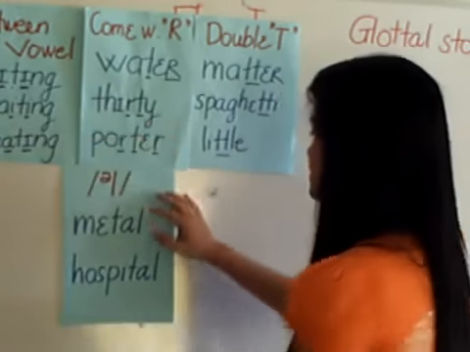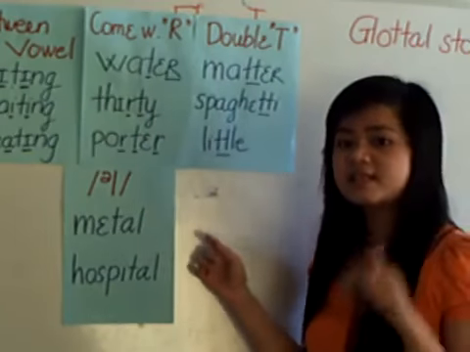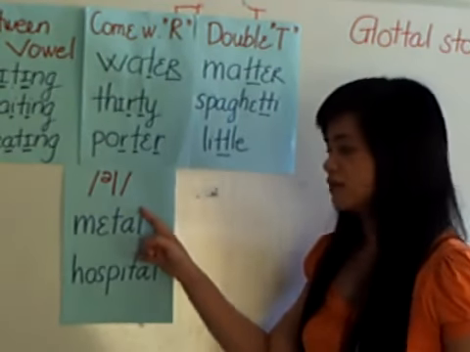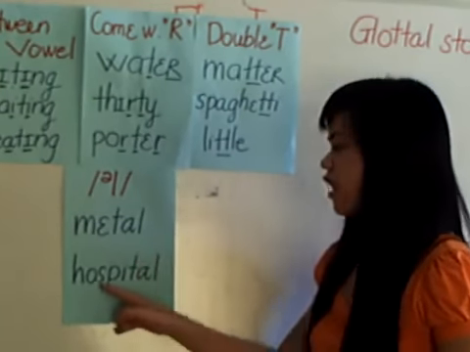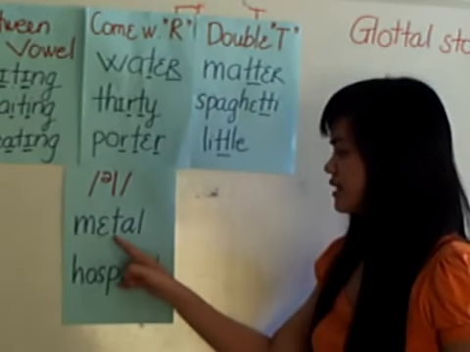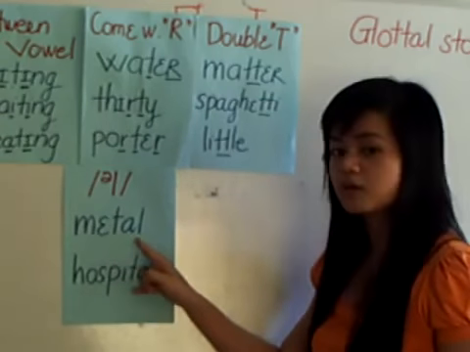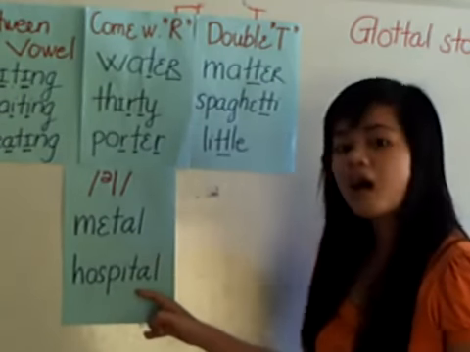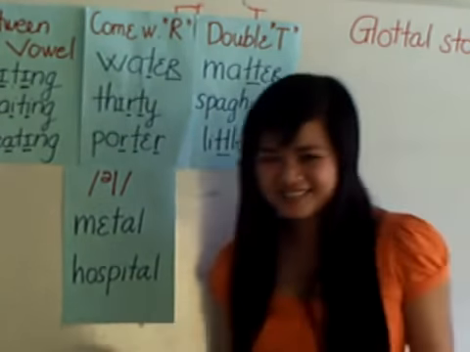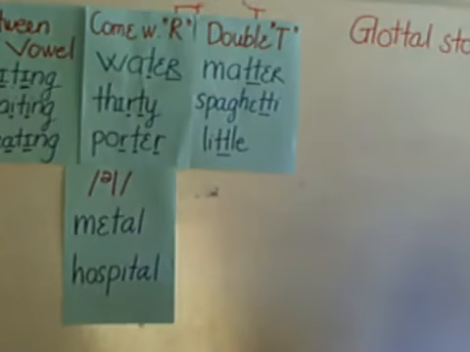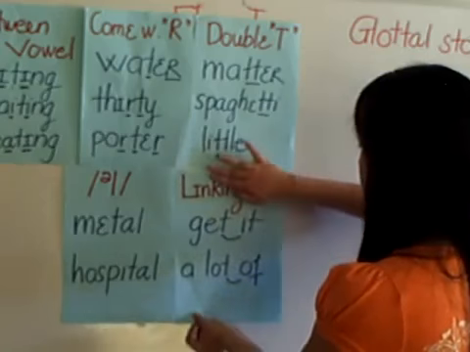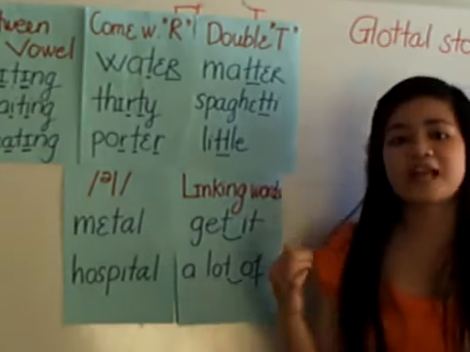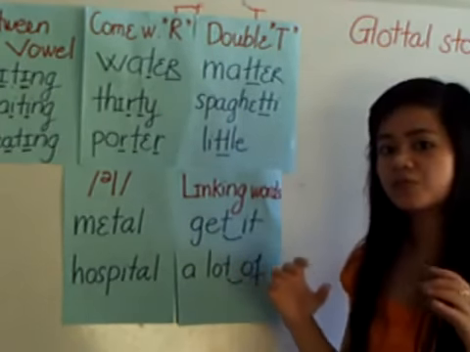The fourth one is when T stands before the sound of the dark L, here metal, hospital. T goes before it in metal and hospital. Get it? Next, you use flat T when you want to connect words.